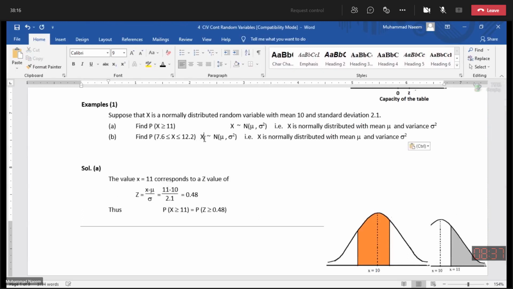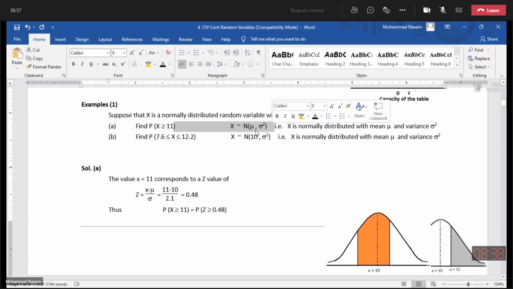According to our problem, our variable is normally distributed with mean 10 and standard deviation 2.1. In this sentence, we are given standard deviation, but in symbols, wherever we have this symbolic notation, the second component is always the variance.